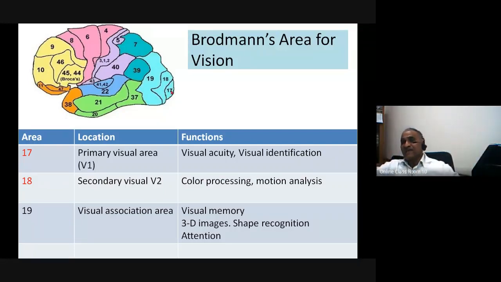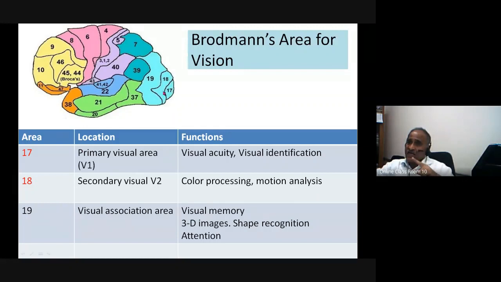So like that, you get the halves of the visual field distributed. This is the seat for visual acuity and visual identification, just like tactile localization in 3-1-2. This is area V1, for visual acuity and visual identification.